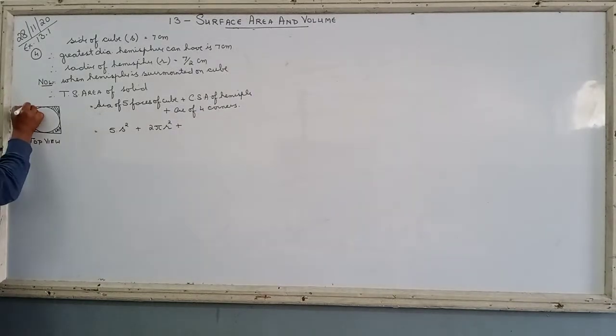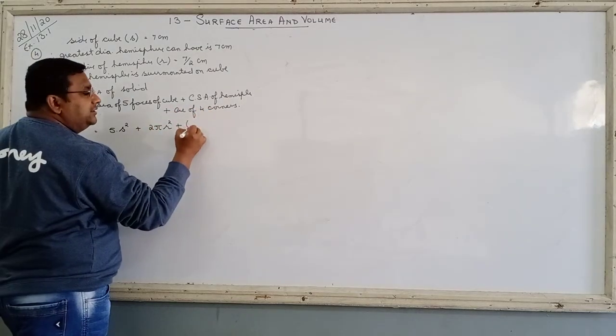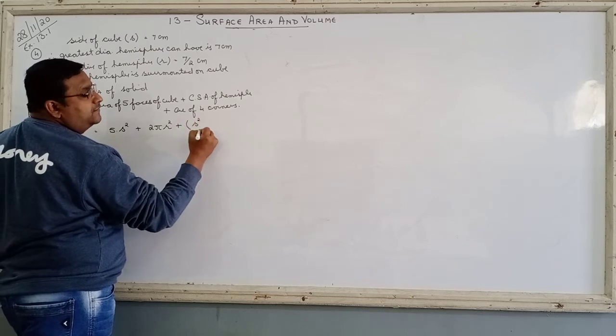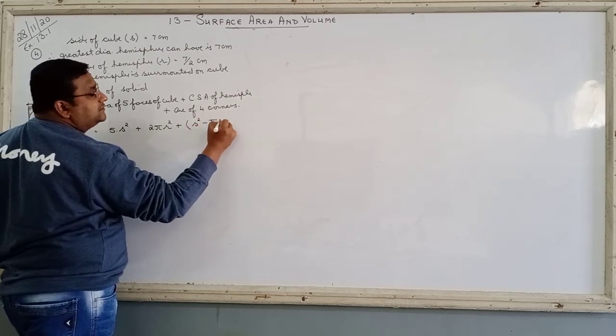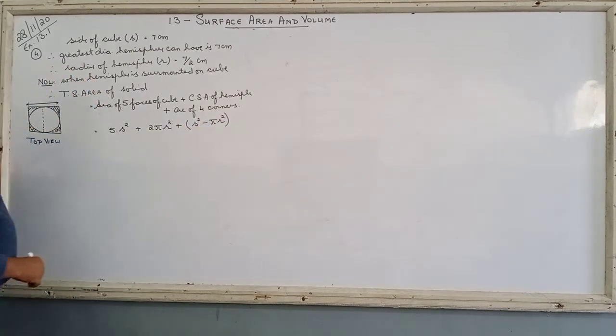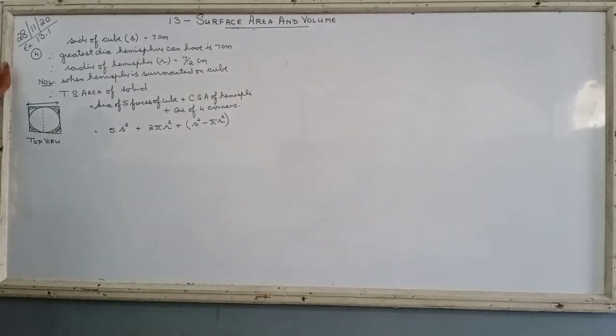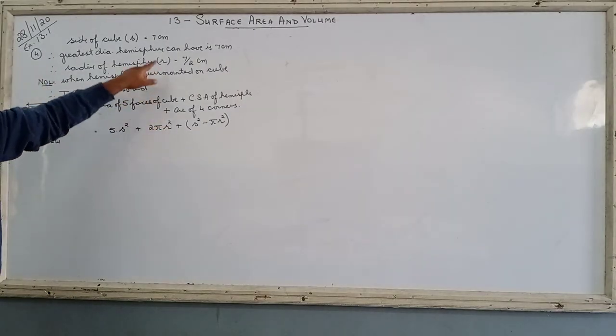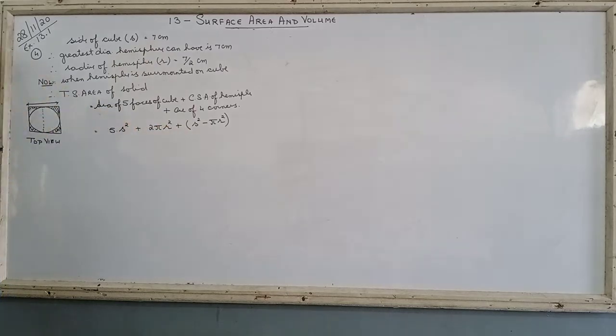Just check, from this side of the cube, are we going to subtract the area of this circle? So area of 4 corners is equal to side square, area of square, minus area of circle. Clear? R is given to us, S is given to us, you just have to substitute the value.